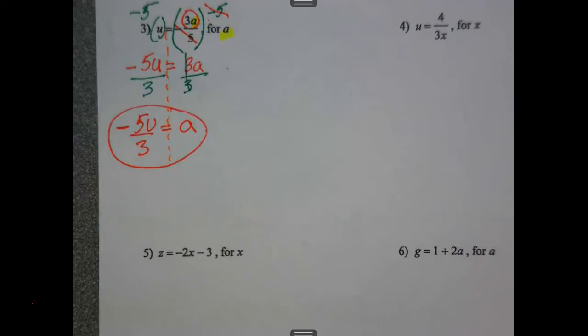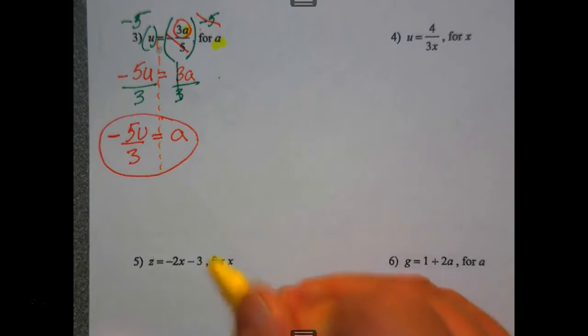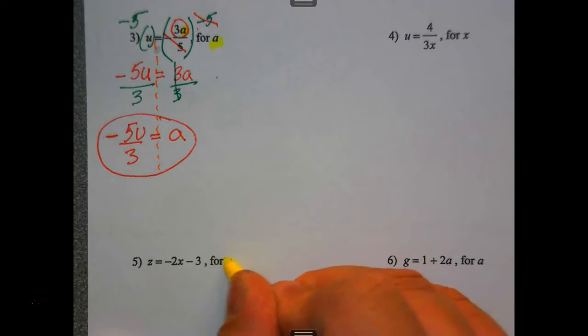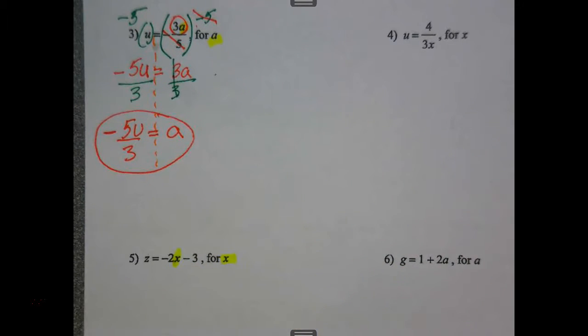Number 5. I have to solve for x. See, my x is here. That means I have to get this term by itself.